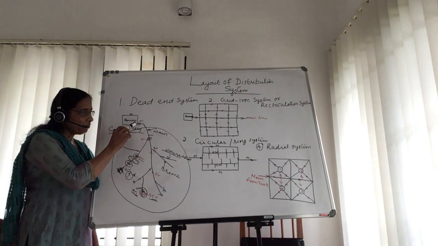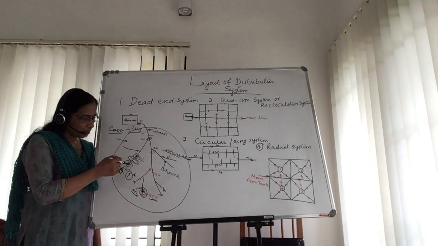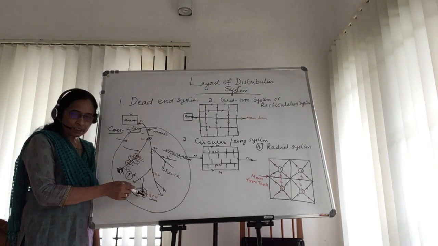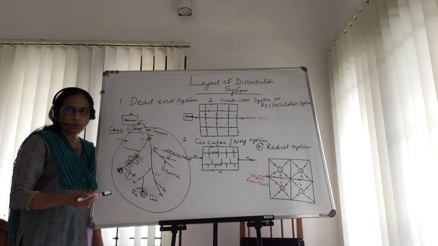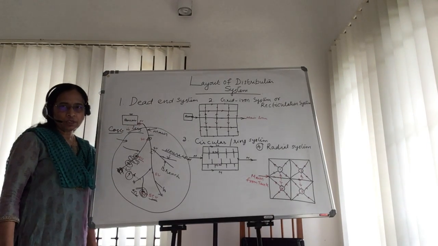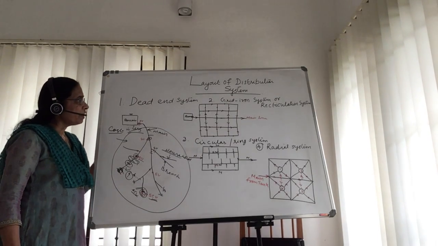Once we supply water from here, unless there is some maintenance or some other difficulties or covering of line, there is no other maintenance in the distribution network. Okay, that is the dead end system.